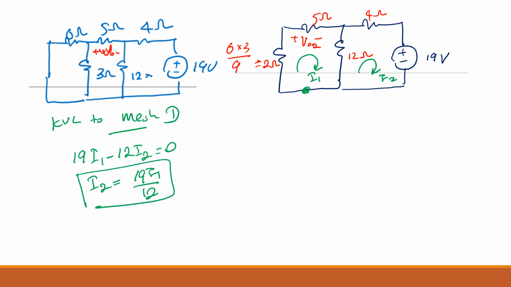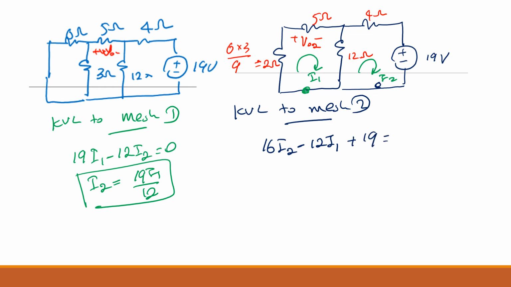And then I can apply KVL to mesh 2. So we start at a point and go around. So 12 plus 4 is 16 I2 minus 12 I1 plus 19 is equal to 0. So we can say I2 is equal to 12 I1 minus 19 over 16.